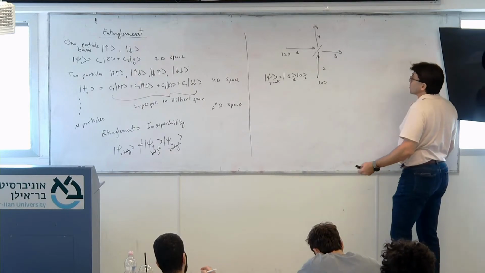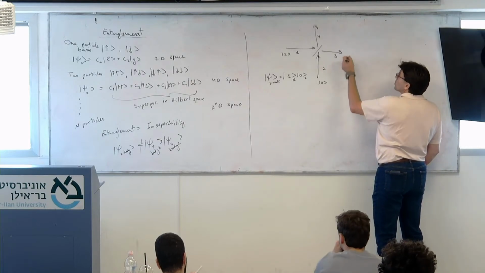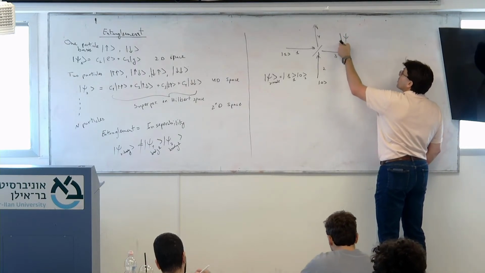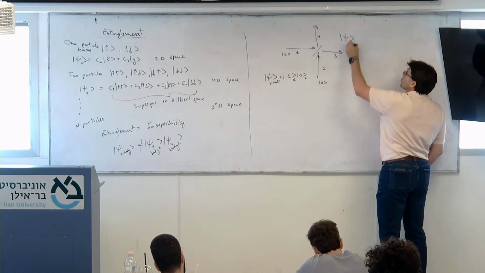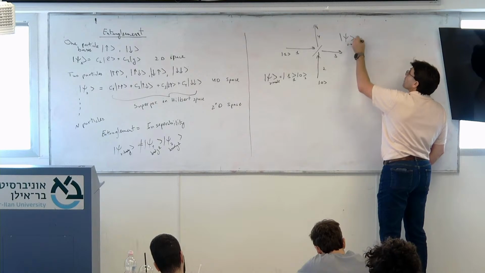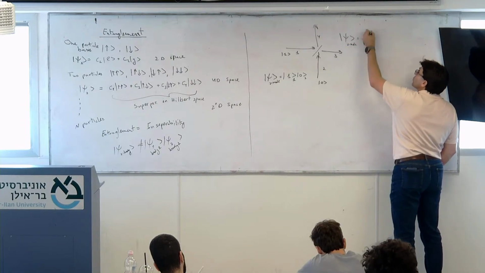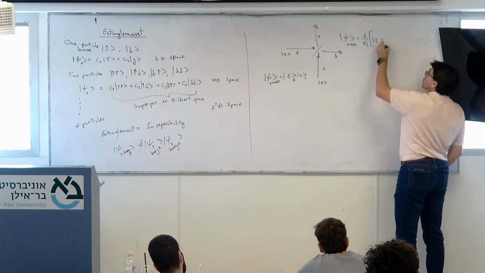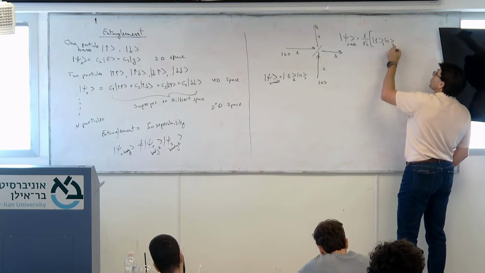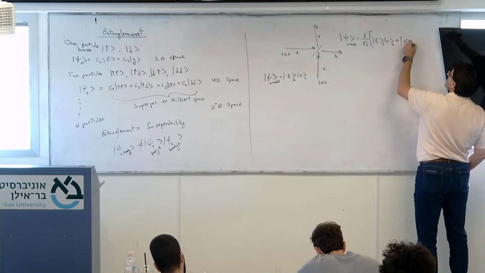We can calculate it, but I tell you that in this case the state of the two modes is 1 over square root of 2 times either one photon in mode 3 and zero photons in mode 4, or the other way around.